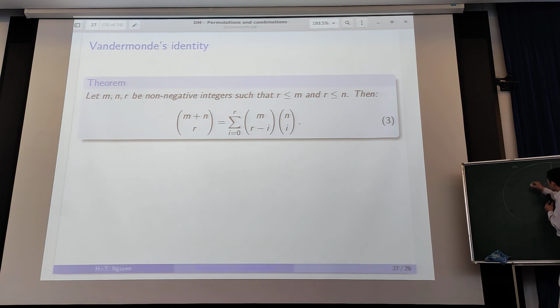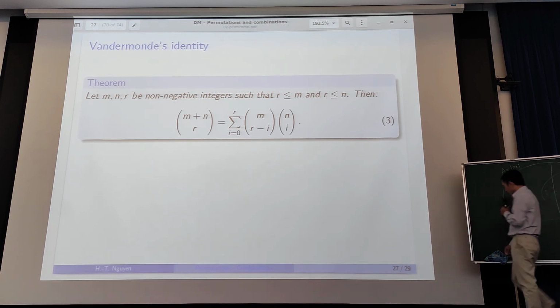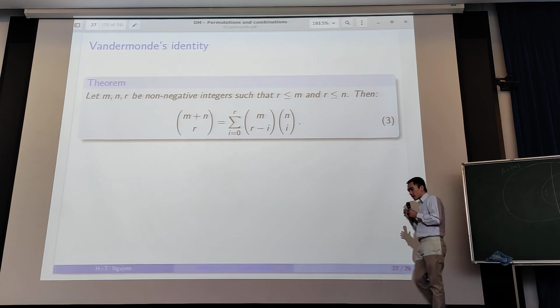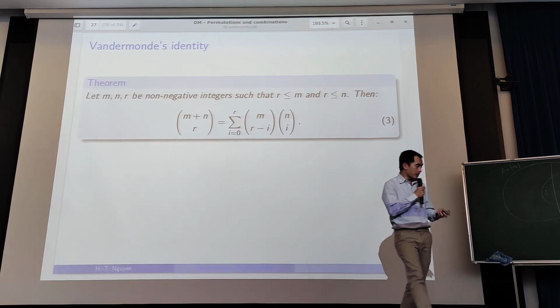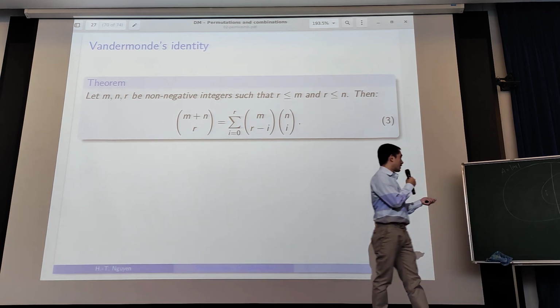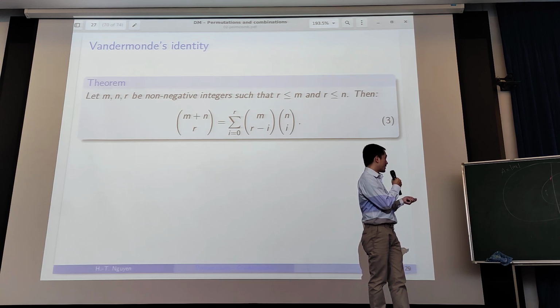Let's call this the part A of size m, and let's call this the part B of size n.